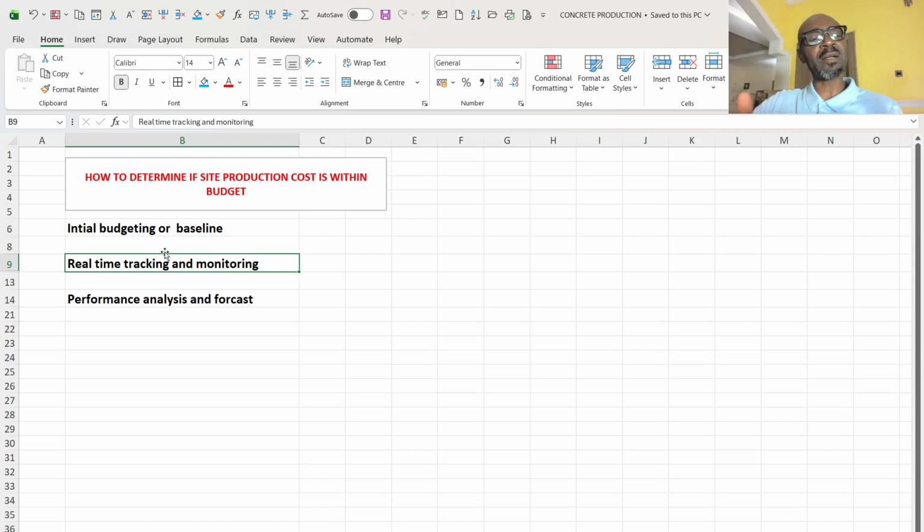Then the last item on the list is you analyze your performance, and you use that analysis to forecast what will be. This analysis is basically checking if there is a variance between the actual and the budgeted.